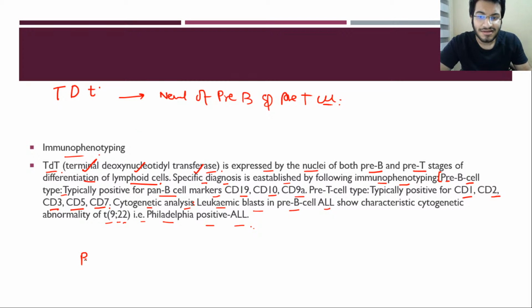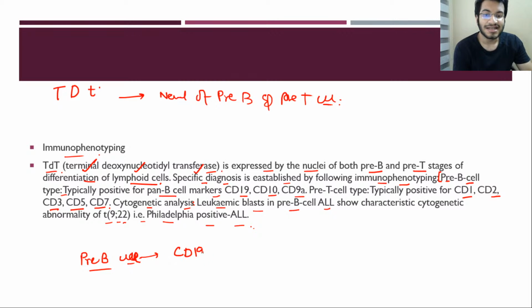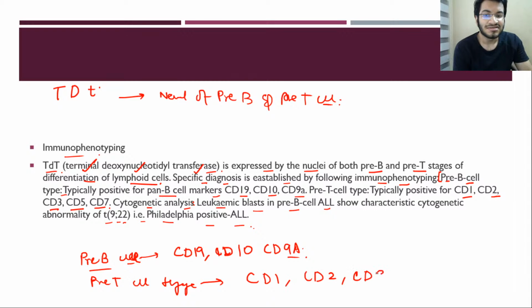If there is monoclonal proliferation of pre-B cells, then you can find these markers positive, like CD19, CD10, CD79A. And in pre-T cell type you find CD1, CD2, CD3, CD5 and CD7 positive.